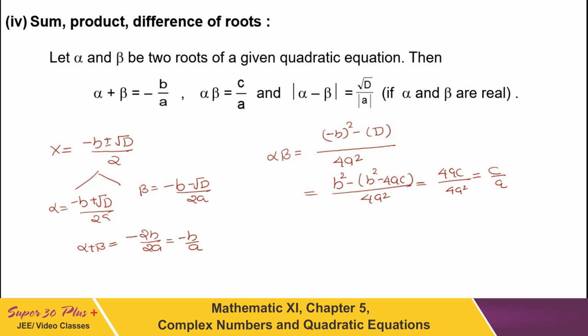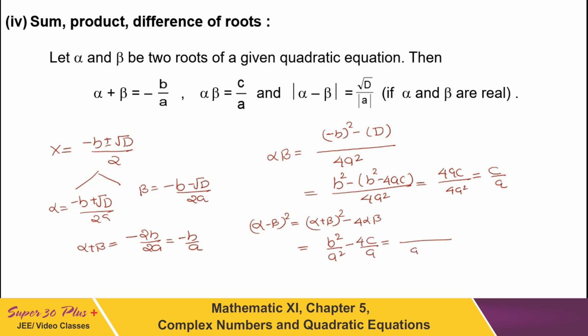And we can find the difference of the roots. How can we find the difference? As we know, alpha minus beta whole square is equal to alpha plus beta whole square minus 4 alpha beta. What is the value of alpha plus beta whole square? It is minus b by a squared, meaning b square upon a square, minus 4c upon a. Now simplify it.